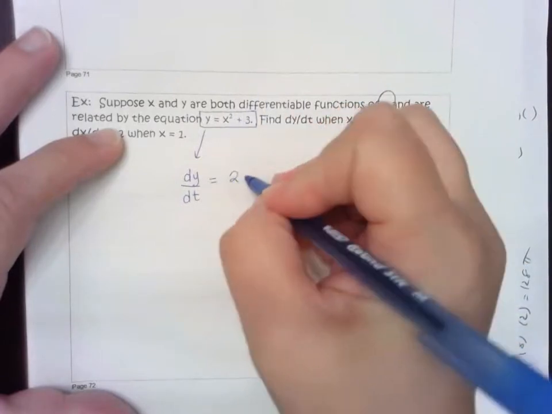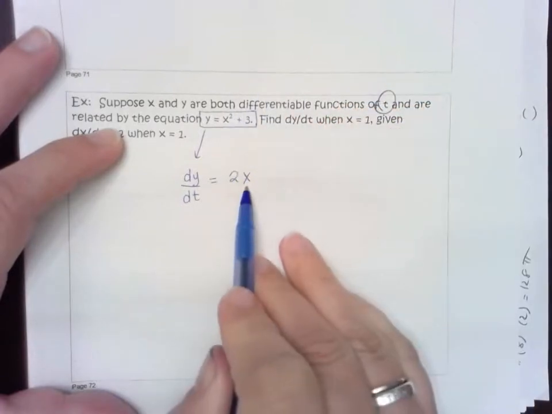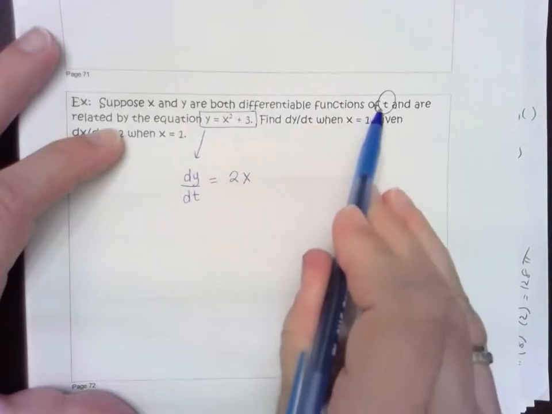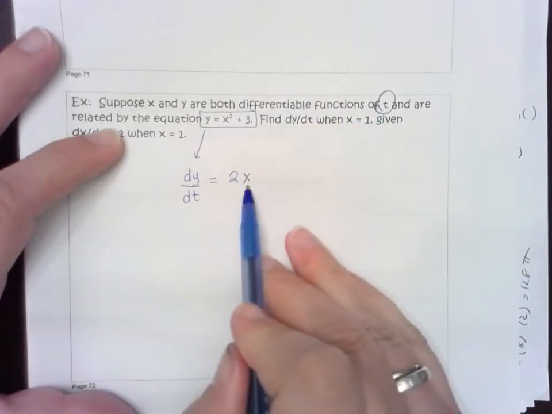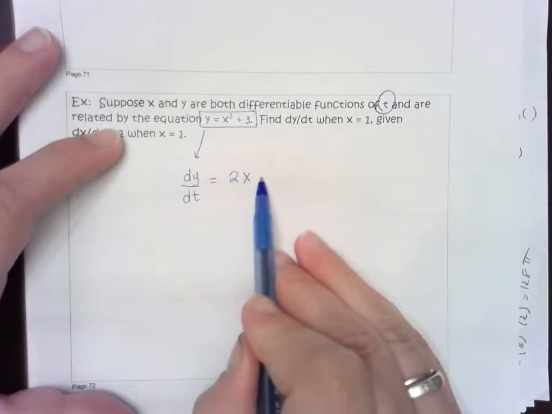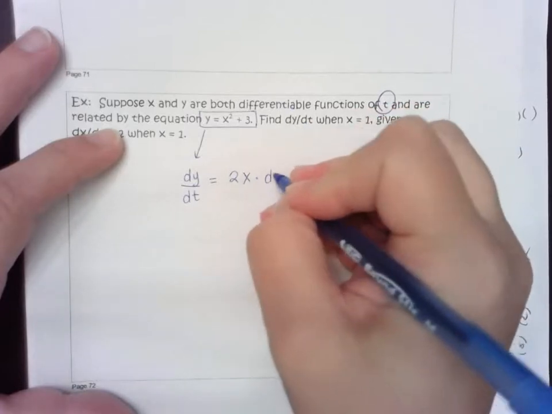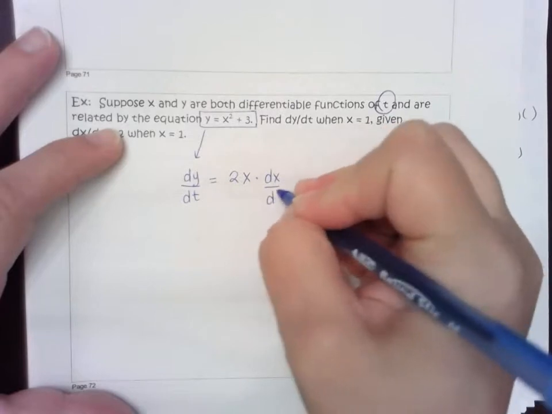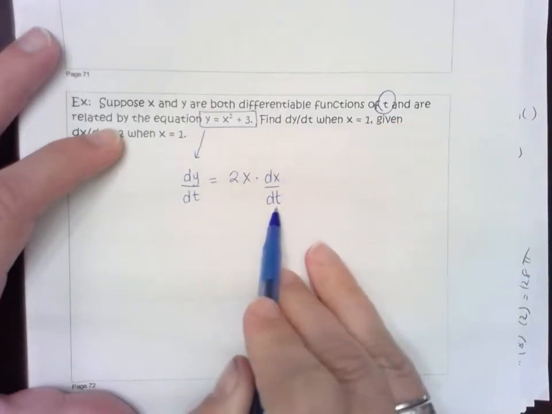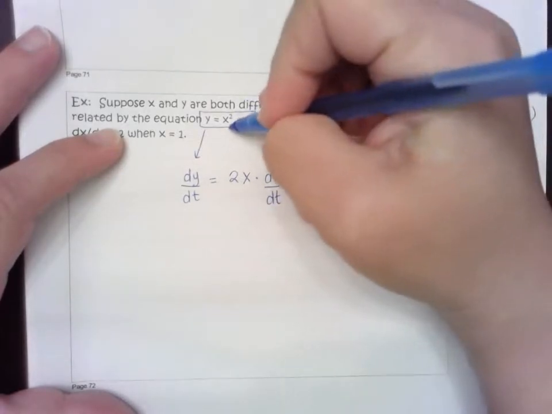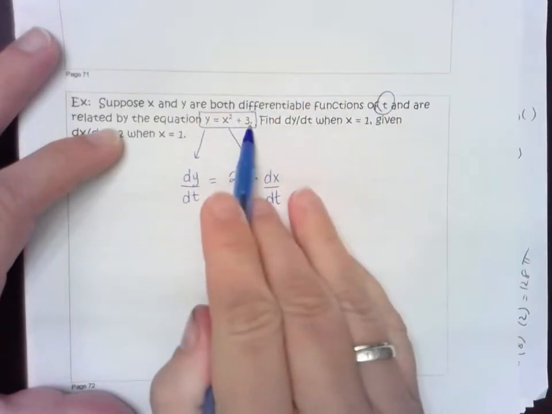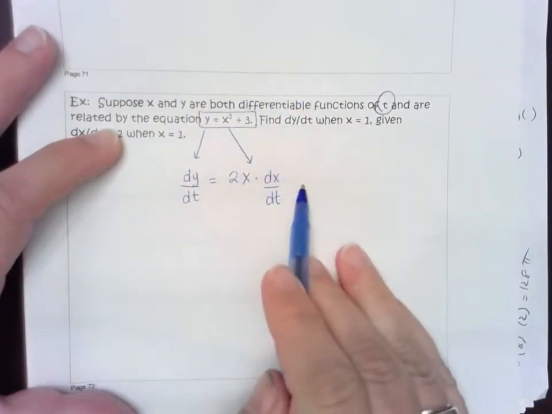Well, we know it as 2x, but x is no longer the variable, t is the variable. So just like the chain rule, once you're done differentiating this function, you multiply by the derivative of itself with respect to the variable that actually exists. And the derivative of 3 is 0. I won't even put it.